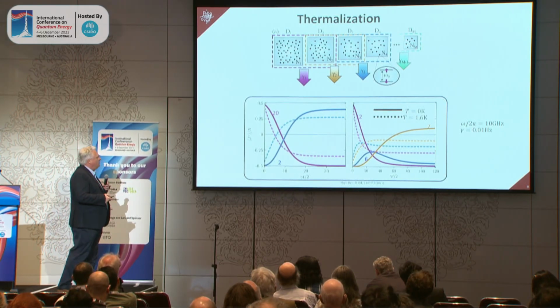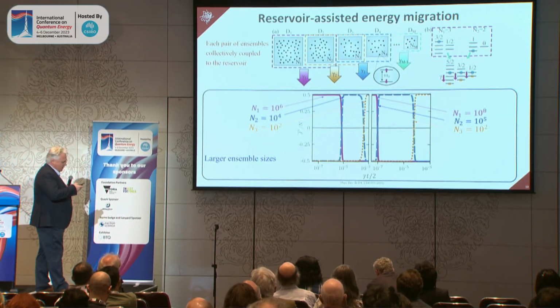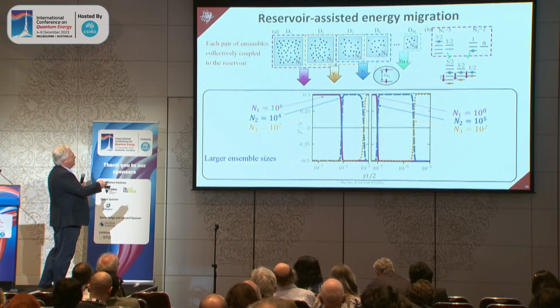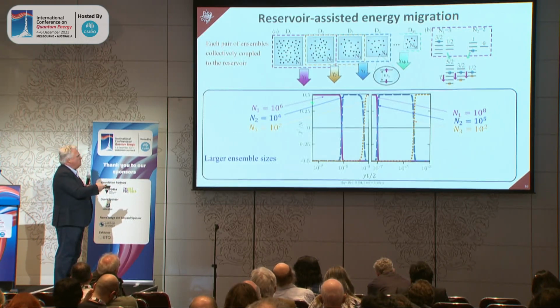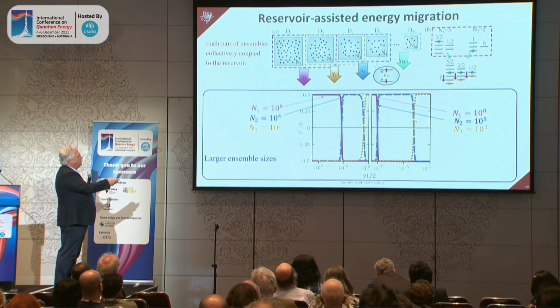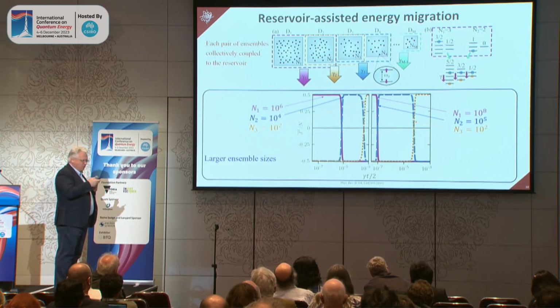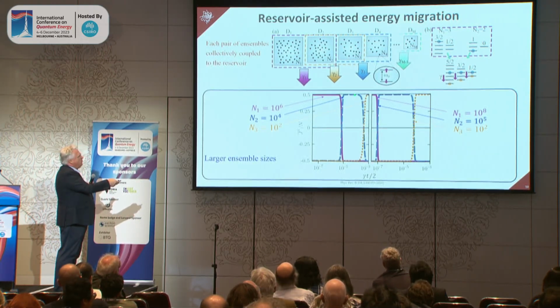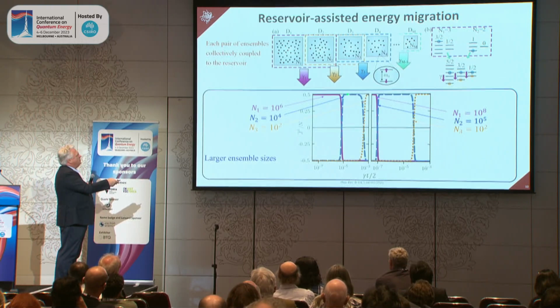These are very small system sizes, so as we make life bigger, consider now a system with 3, 10 to the 6, 10 to the 4, 10 to the 2, and you see very nice, sharp transitions where system 1 migrates energy, or whatever terminology you want to use. Energy leaves system 1, appears in system 2.